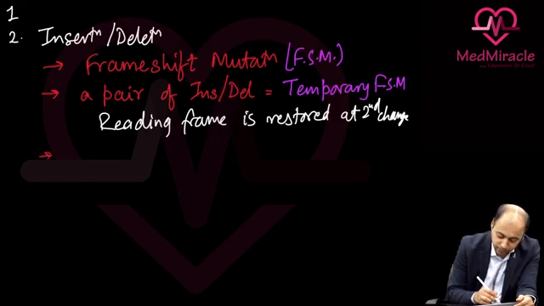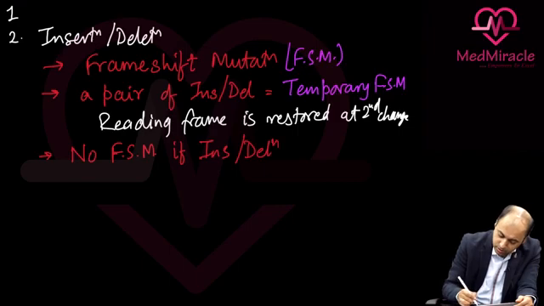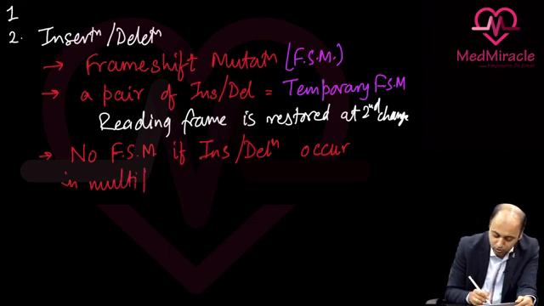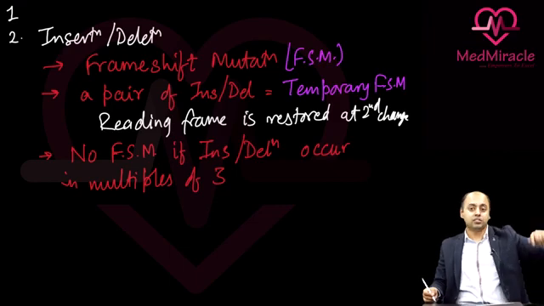And third, no frame shift mutation if insertion deletion occur in multiples of 3. Remember, our genetic code is a triplet code.